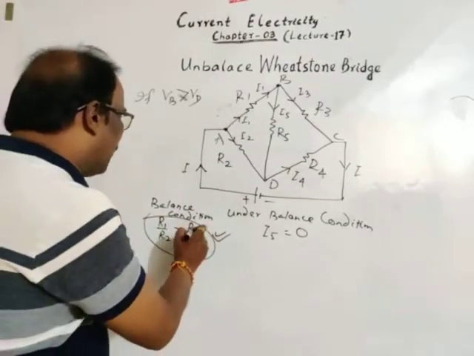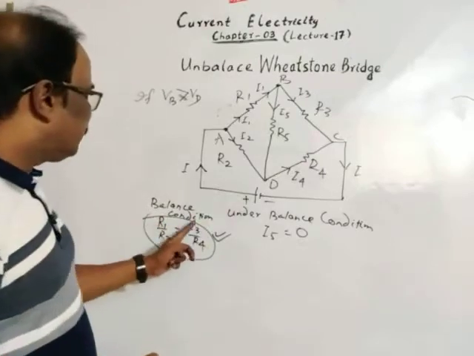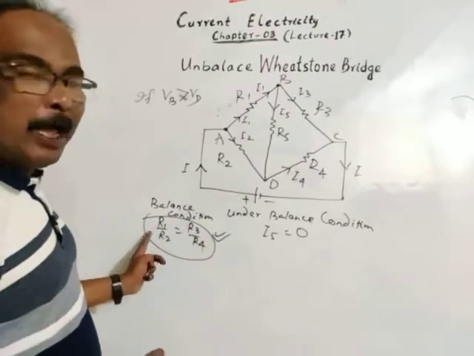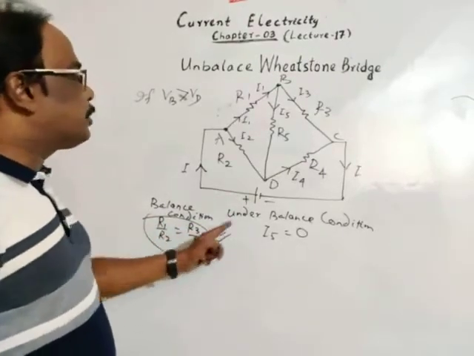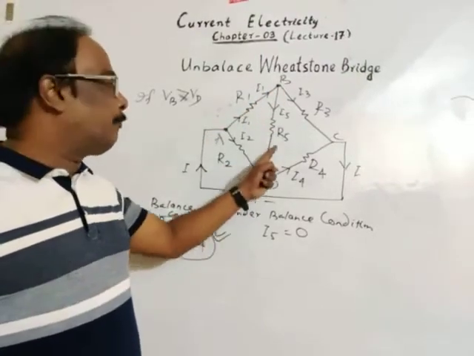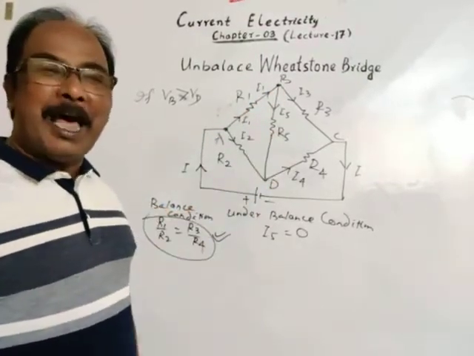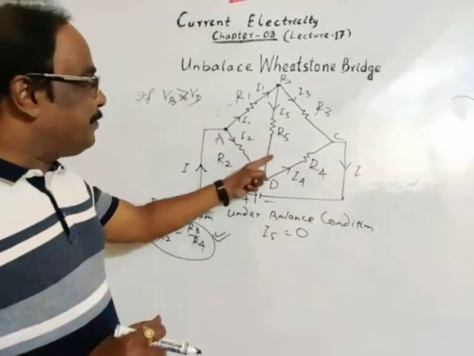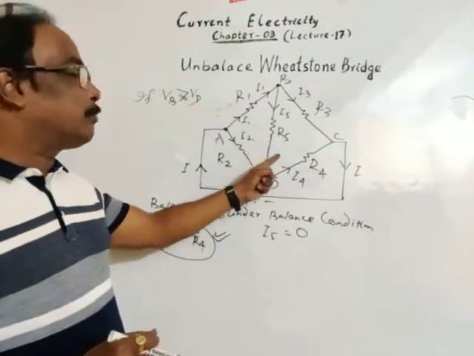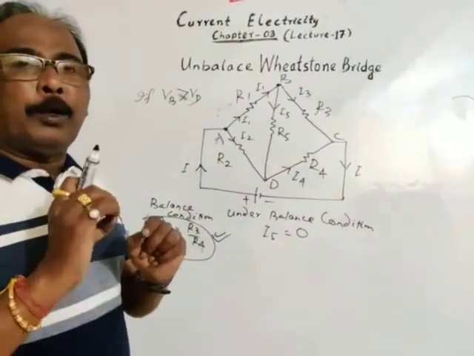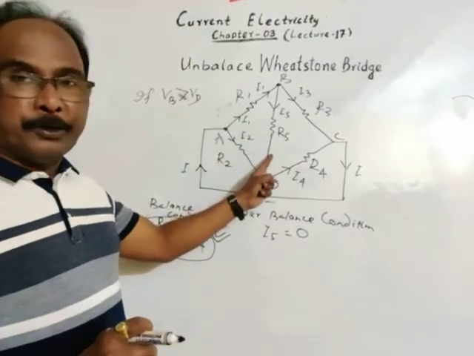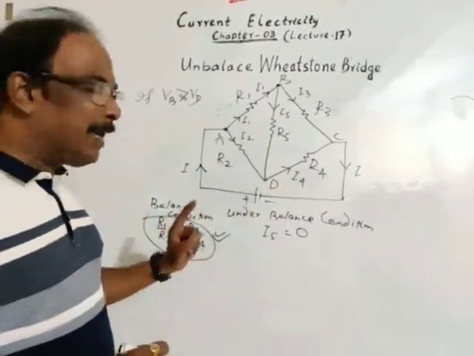If this condition is satisfied, then no current will flow through resistance R5, or if we use a galvanometer in this branch, the galvanometer will show no deflection. This is the balance condition.